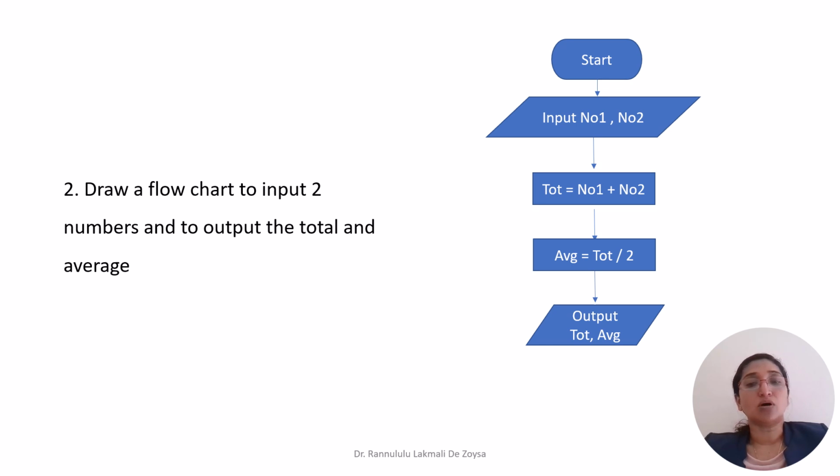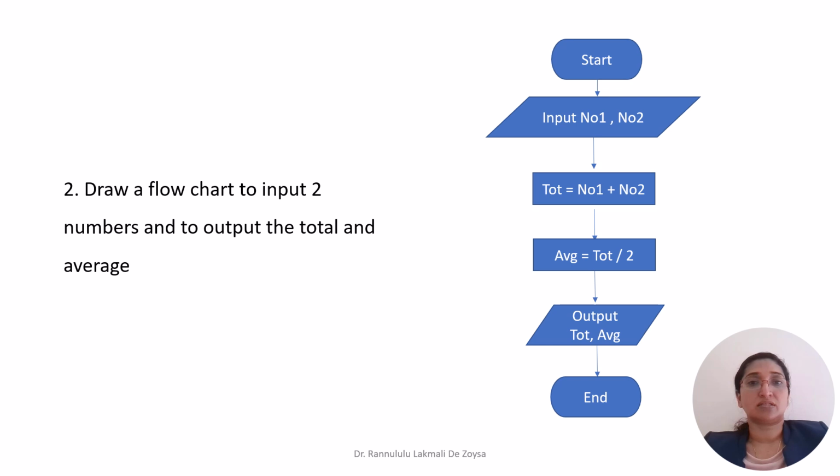And then you need to output the calculated total and the average. So that is our expected output. And once you're done with that, you need to end the program.